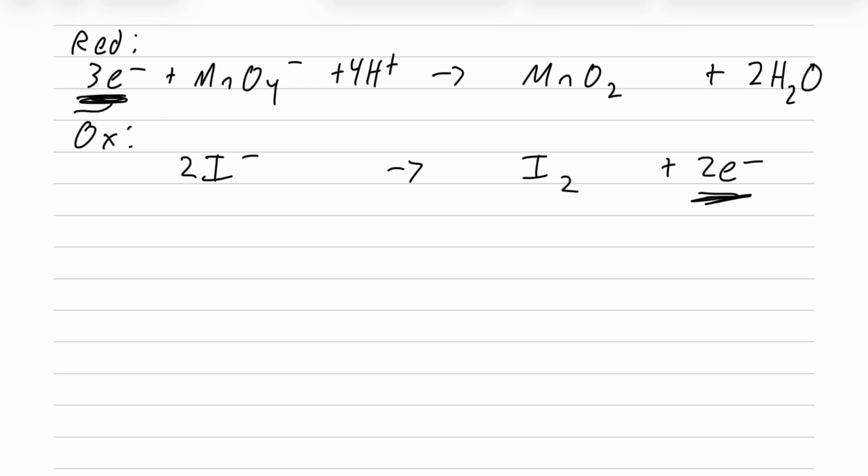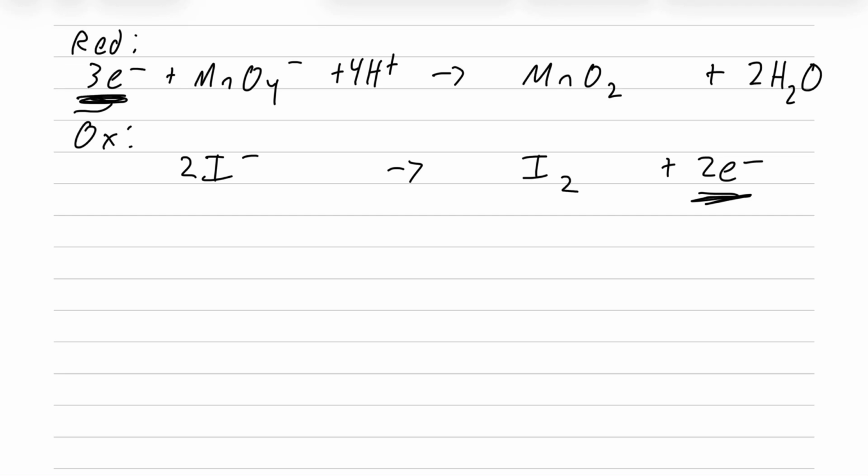But you may have the grace of having a very simple redox reaction where it's just 1 electron each or 2 each or whatever, and you don't have to do anything extra. But in this case, we see that there is a discrepancy, right? I'm giving away 2 and I'm receiving 3.